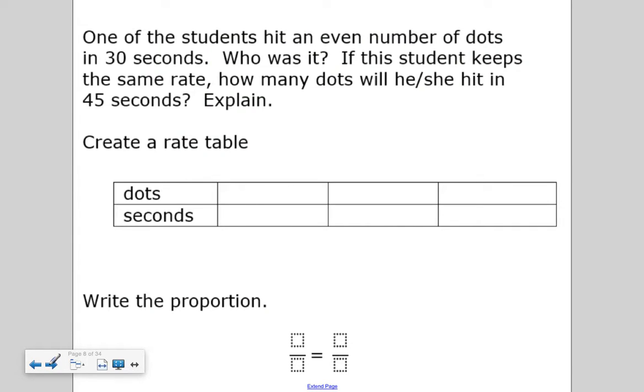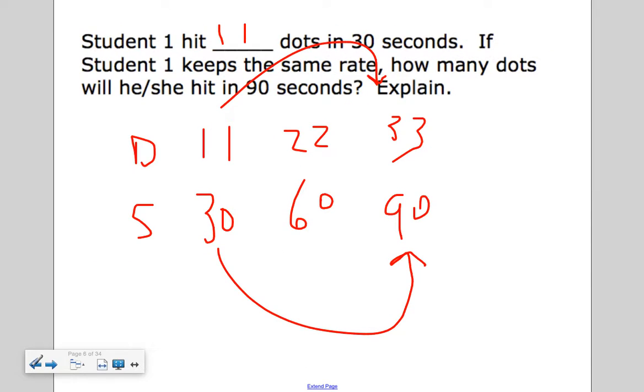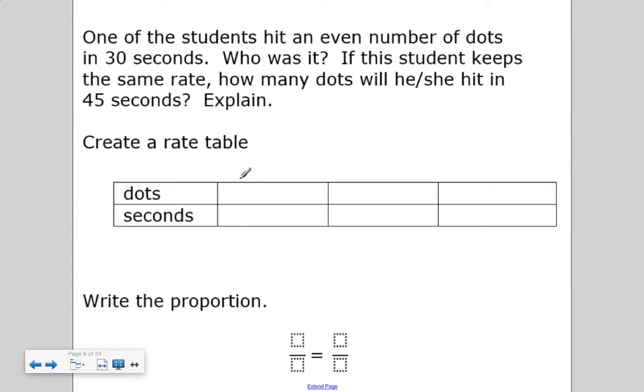One of the students hit an even number of dots. Really? 14. Oh, okay. 14 dots in 30 seconds. Who was it? Third student. If this student keeps the same rate, I mean to keep the same pattern, how many dots will he or she hit in 45 seconds?